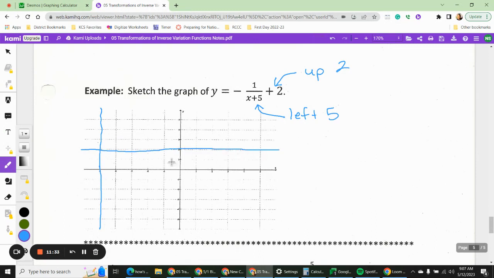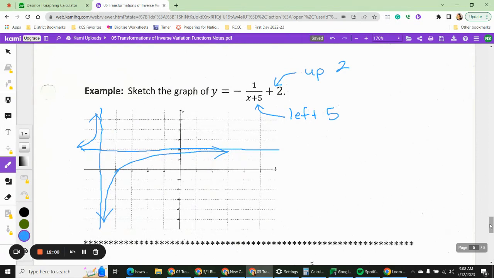And now I'm going to draw the graph, but it's not going to be in the first quadrant and the third quadrant because this graph has a negative in front. That means it's a reflection. It's not going to be in the top right. It's going to be in the top left and the bottom right. And that's how we use our asymptotes to graph.